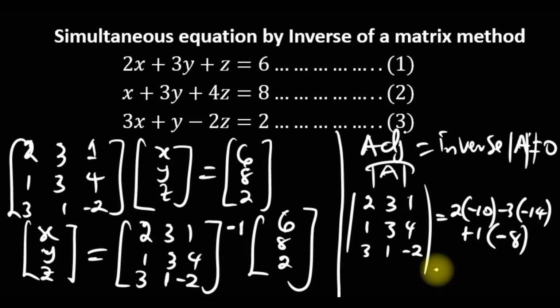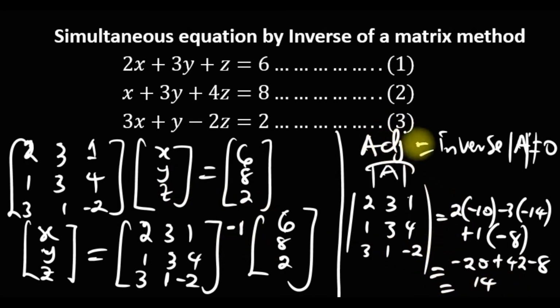So let's find the determinant. This is minus 20, plus this 42, minus 8, so this is 14. So we've gotten the determinant.